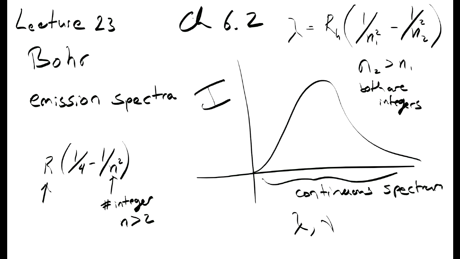So long as they're two whole numbers. Okay. So it could be 1 and 2, 1 and 3, 2 and 3, so on. The question is, why does hydrogen care about integers? Hydrogen's an atom. It's not a kid learning to count.